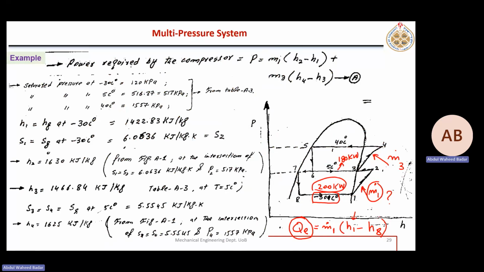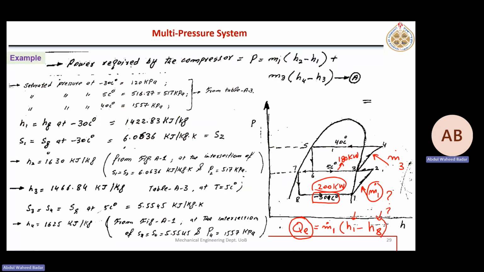H8 now I need. So from here I can find out m dot 1. Total capacity is given and m dot 1 is to be calculated.